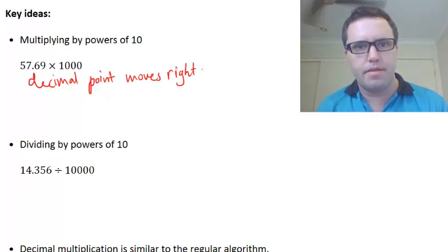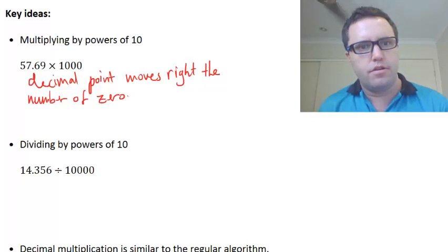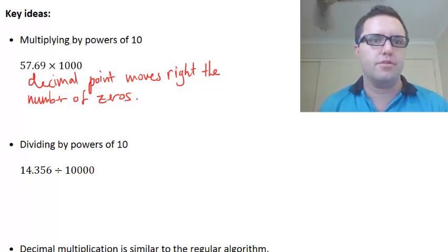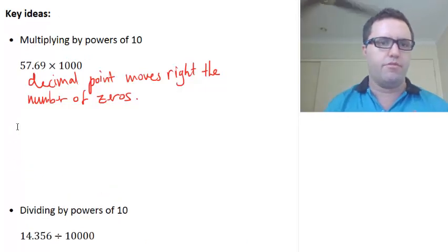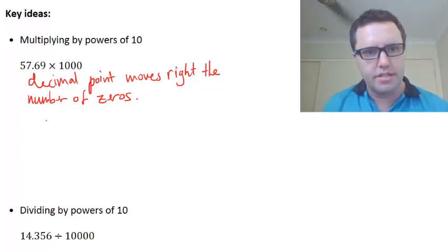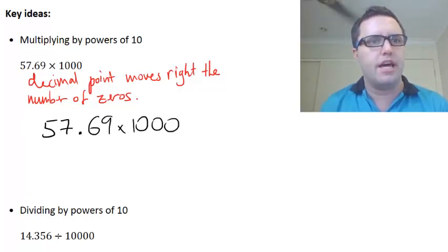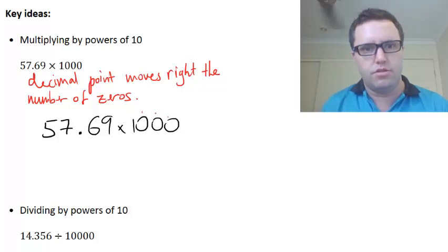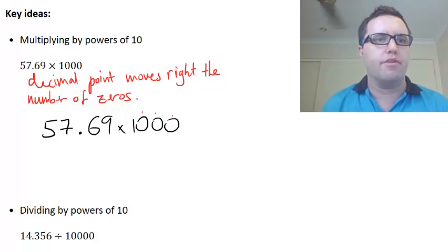The number of zeros we've got here is the number of places that the decimal point moves to the right. So if I've got 57.69 times 1,000, you'll see that there are 1, 2, 3 zeros here, so that means our decimal point is going to jump 3 spots.